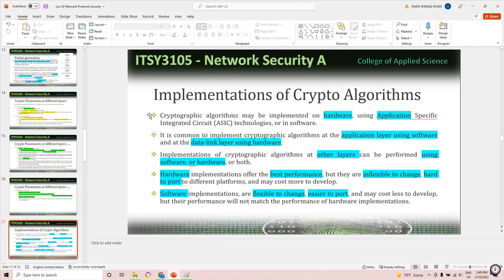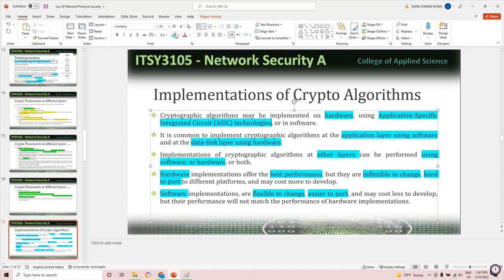Cryptographic algorithms can be implemented on hardware using application specific integrated circuit technologies, ASIC. So that means in some systems the cryptography is supported at the hardware level. Cryptography means encryption, decryption, authentication.